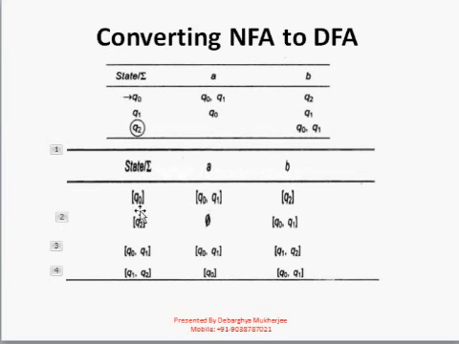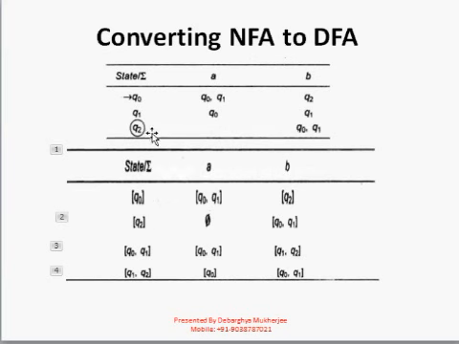So we write it down Q0, and we made another new state called Q0, Q1. So now we have three states here. One is Q0, another one is Q0, Q1, our newly made state, and Q2. So we just write down Q2 and Q0, Q1 here.